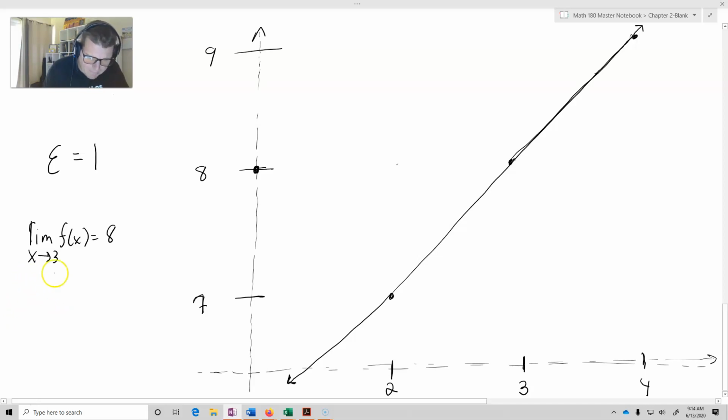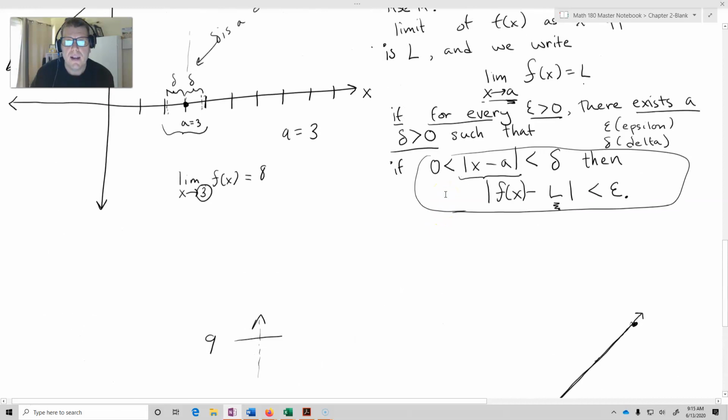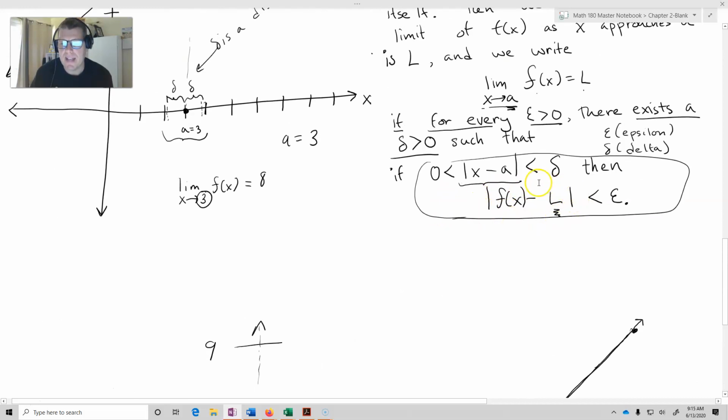So I've got the absolute value of f of x minus 8 is less than 1. So 0 less than the absolute value of f of x minus 8 is less than 1. Just to go back and show you why we have that, it's that part of the definition right here: f of x minus L is less than epsilon.